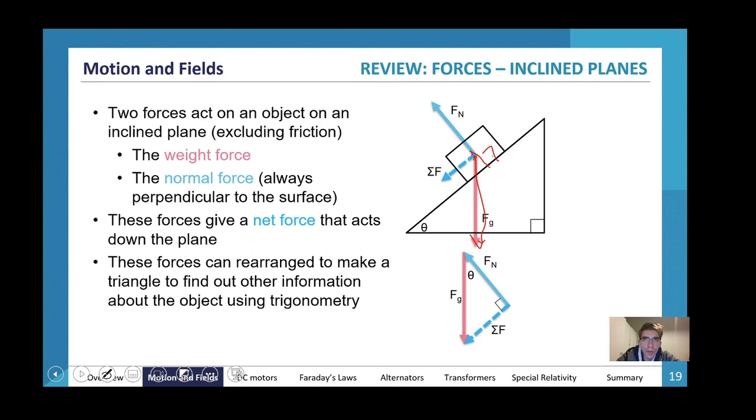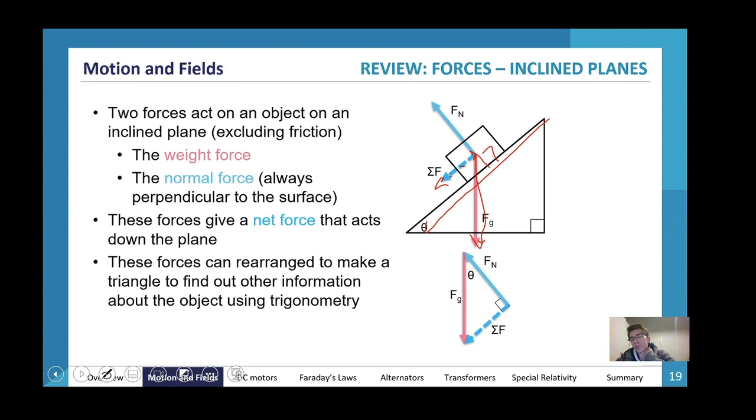Then they sometimes ask you to draw the net force with a dashed line. For an inclined plane, drawing the net force with a dashed line will essentially be a dashed line going downwards following the slope of the inclined plane.